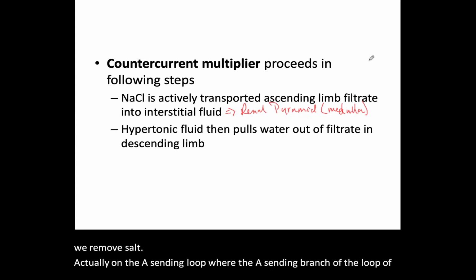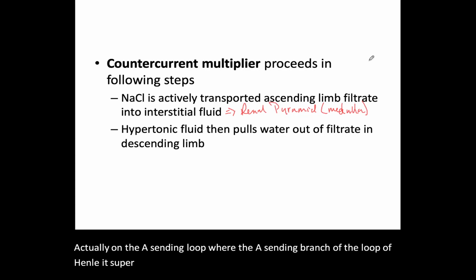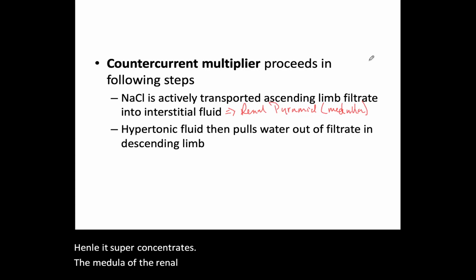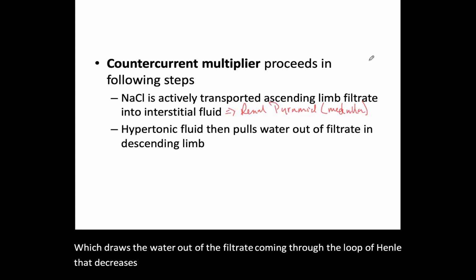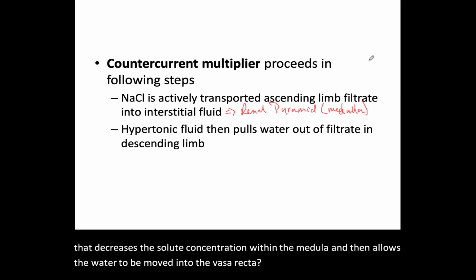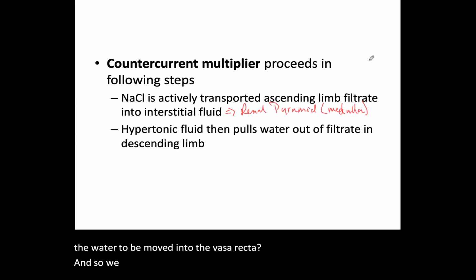It super concentrates the medulla of the renal pyramid, which draws the water out of the filtrate coming through the loop of Henle. That decreases the solute concentration within the medulla and then allows the water to be moved into the vasa recta. And so we therefore reabsorb that water.